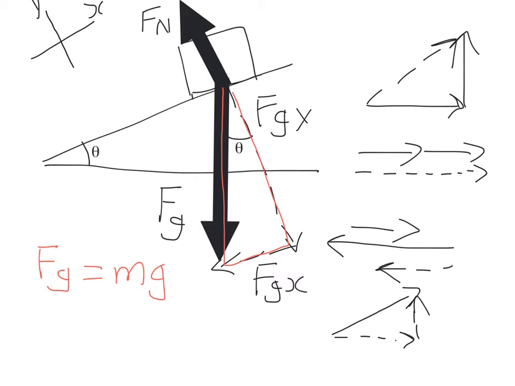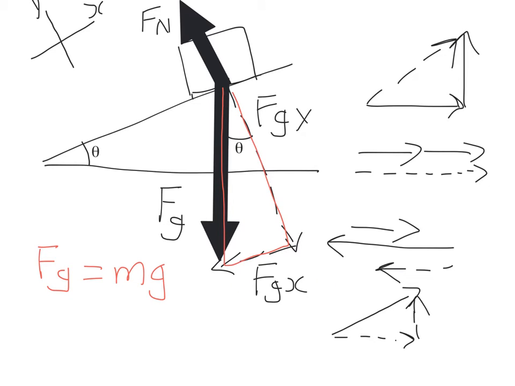These two cancel out. And so now all that's left over is Fgx. Remember that we've taken this force and we've pretended that it's broken up into this one and this one. So before we had 2 forces, and now I'm pretending that I have 3 forces. So if this one and this one cancel, then all I've got is Fgx. And if that's the only force, then that has to be the net force.